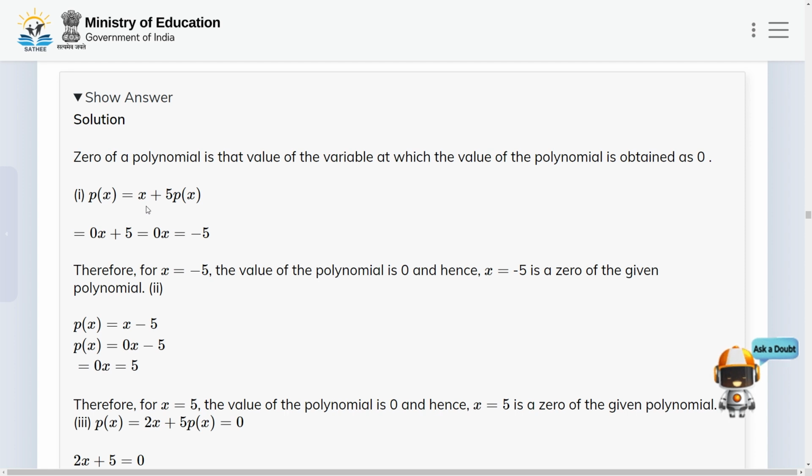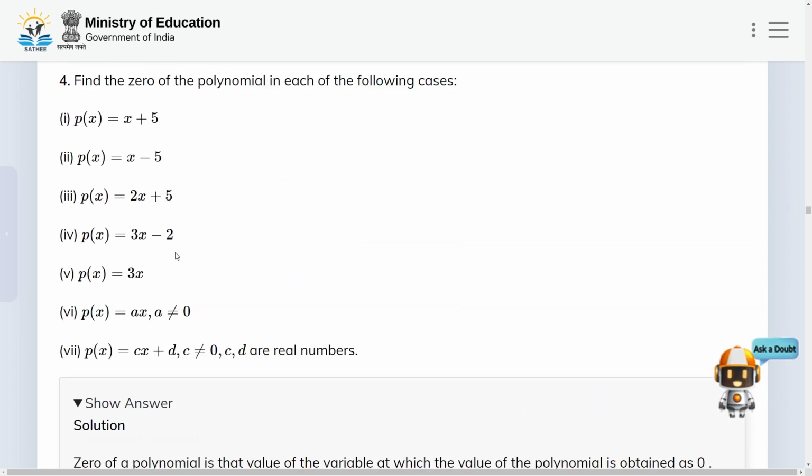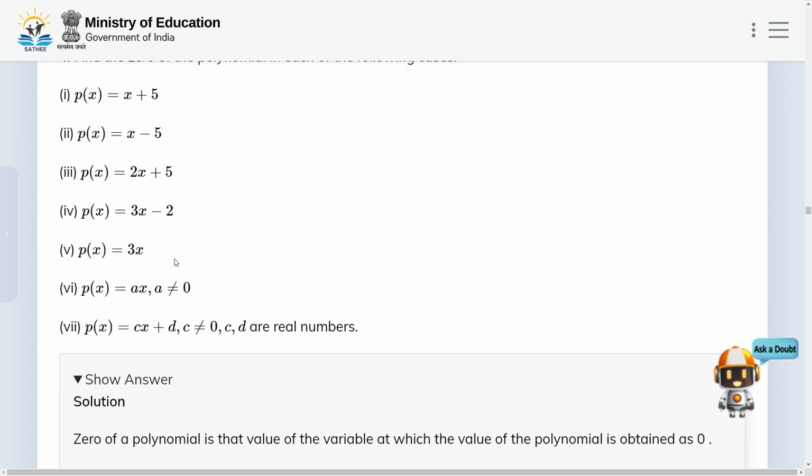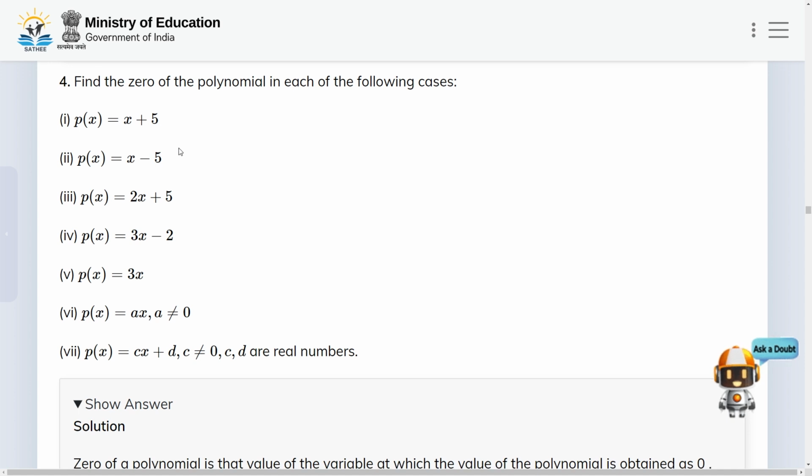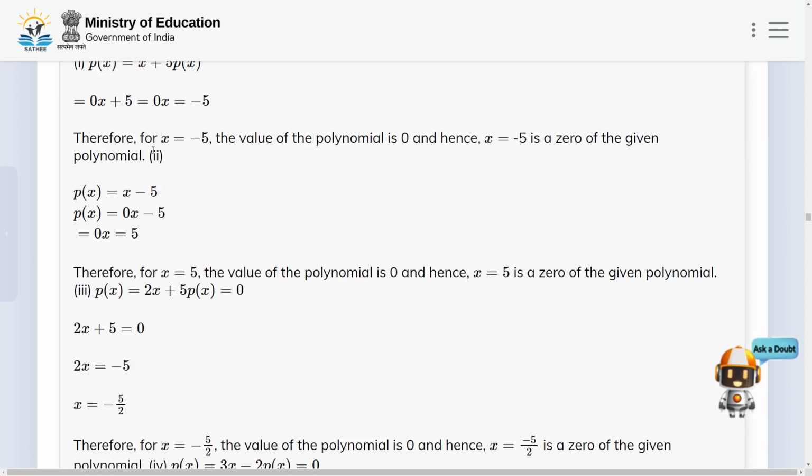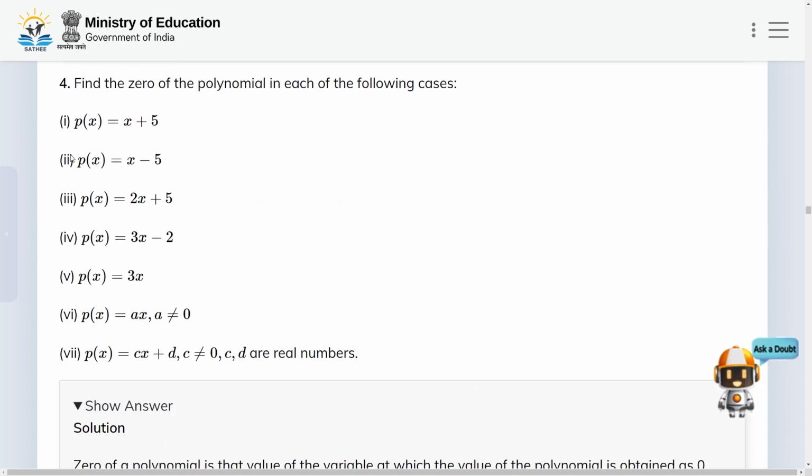So p of x equal to 0 implies x equal to minus 5. Therefore, for x equal to minus 5, the value of the polynomial p of x equal to x plus 5 is 0. Hence, x equal to minus 5 is a 0 of the given polynomial. So now let us check the second one.